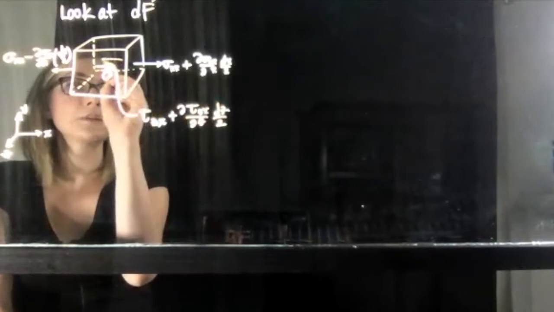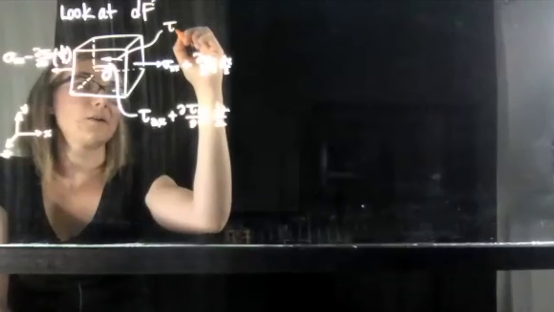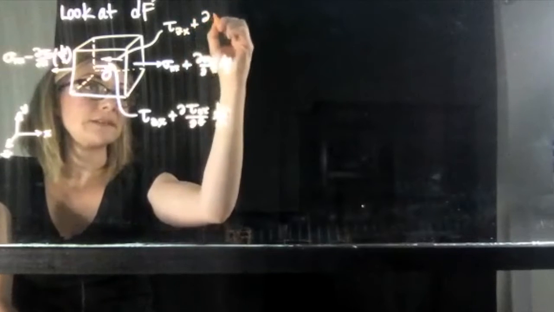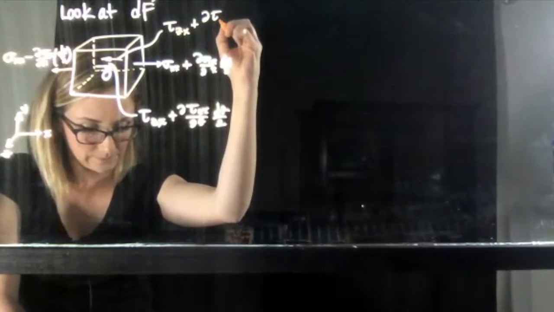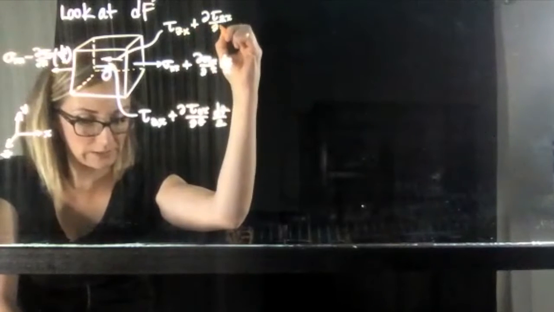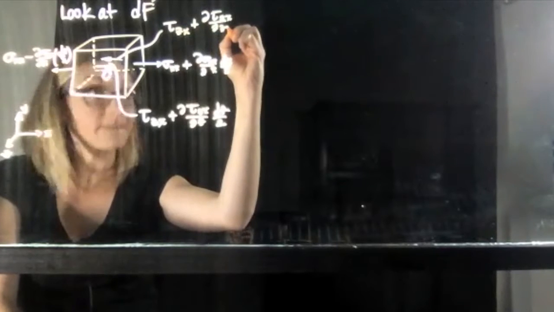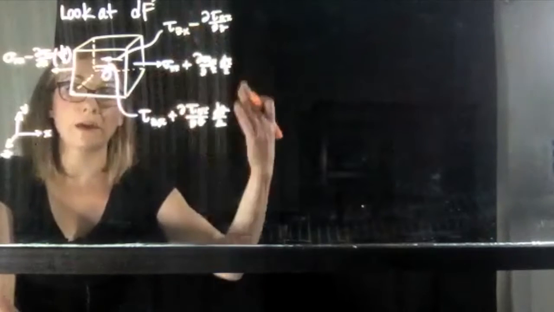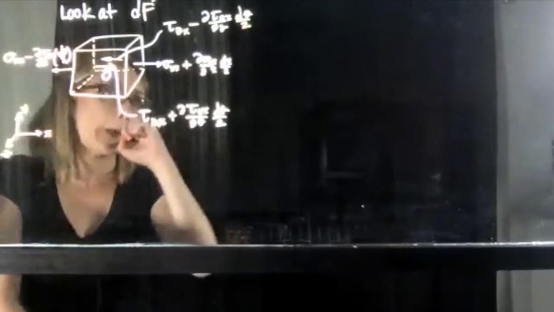And then similarly, we're going to have the same thing on the back face. So here we have tau zx plus tau zx with respect to z. I'm sorry, this is a minus here because we're on the back face. And this would be dz over 2.